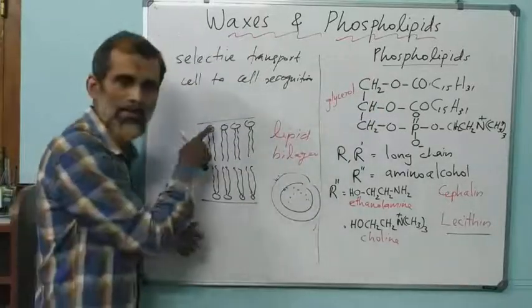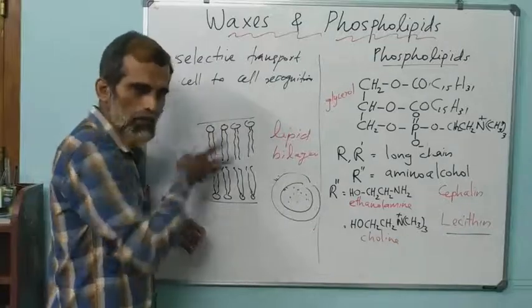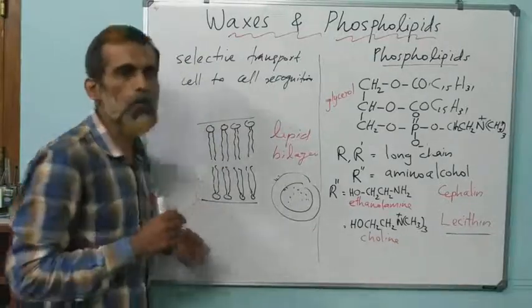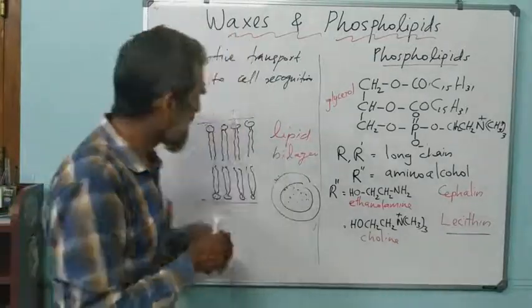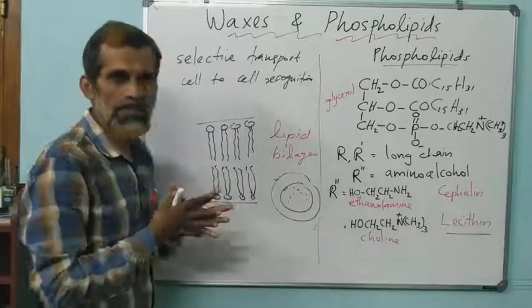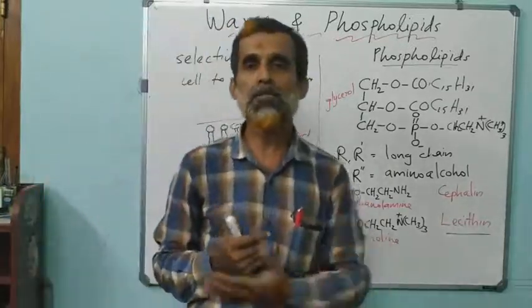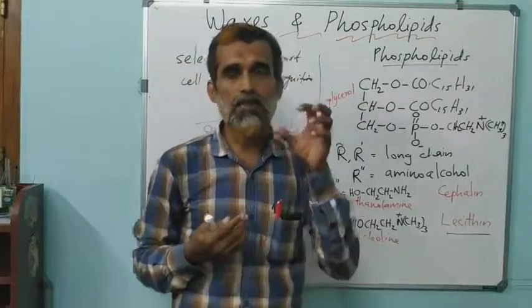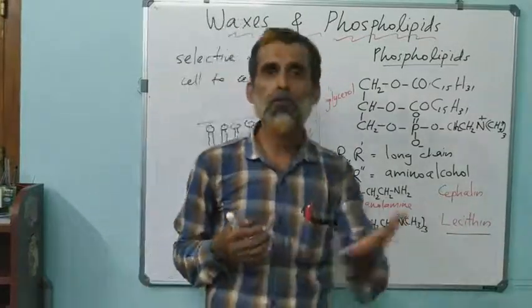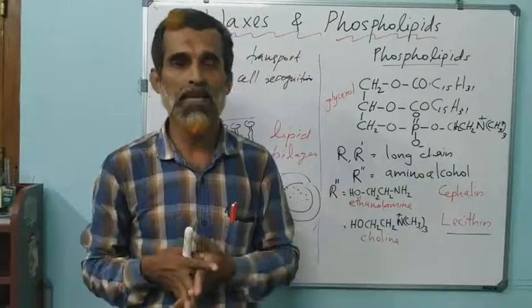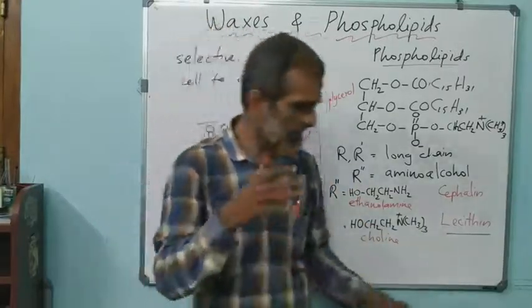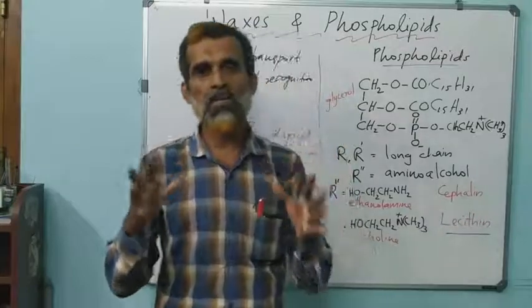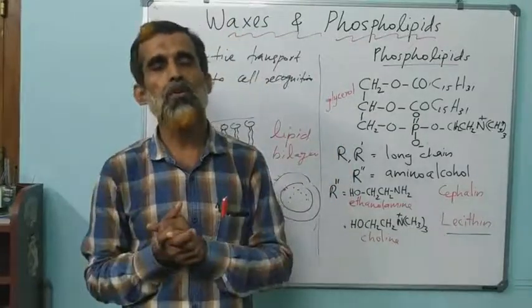Soap also has this feature of dipolar nature, polar head and non-polar tail. Because of that, phospholipids, similar to soap, also have an emulsifying property. That makes the transport of fat possible in the body. So these are various important biological functions of phospholipids.